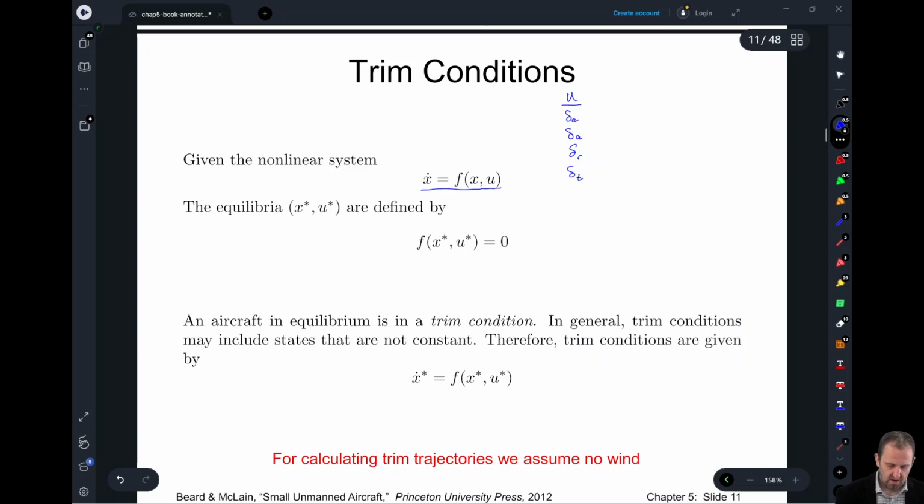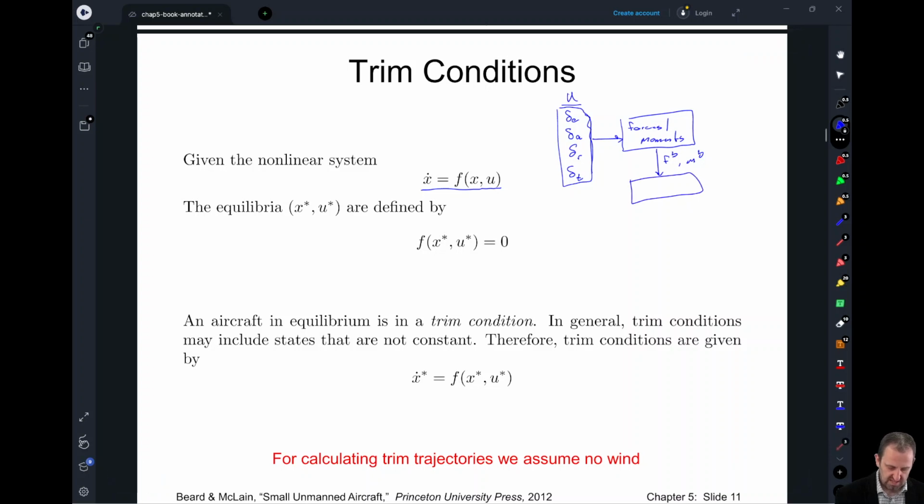We put these inputs u in a block, and they went into our forces and moments. From our forces and moments, we got our body frame forces and our body frame moments, and we were able to put that in along with our state.